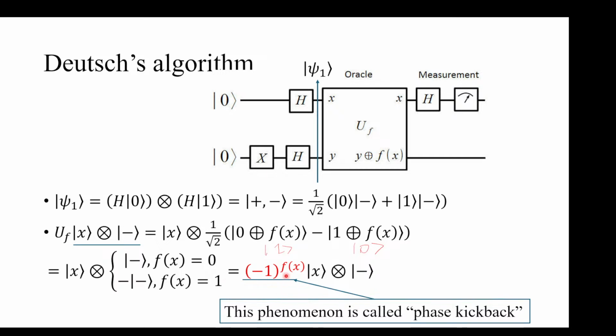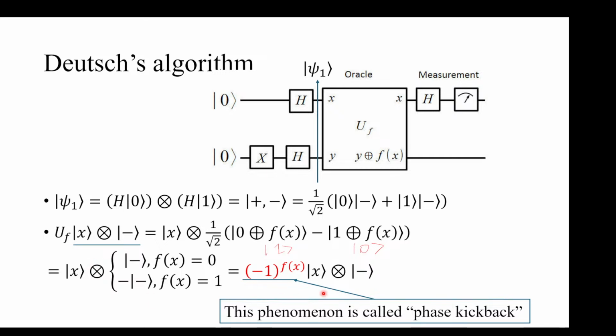Okay. And this is a very important concept in designing quantum algorithms, and this is called phase kickback. Because obviously you see a phase here, and why do we say kickback? Because in our original oracle model we were computing our f of x into this y register. But you see that neither of the registers holds the information about f of x anymore, right?